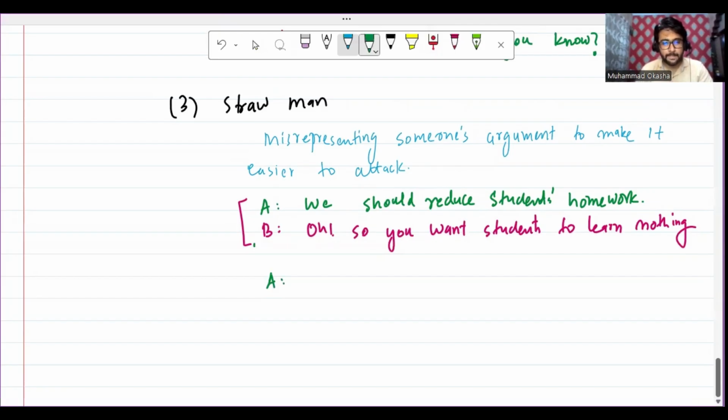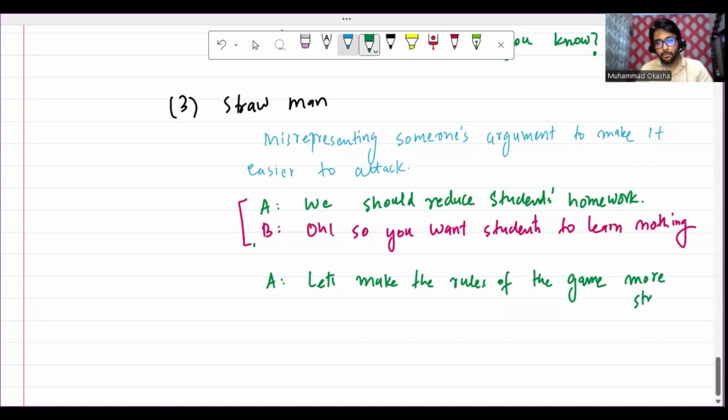For example, person A says, let's make the rules of the game more strict.